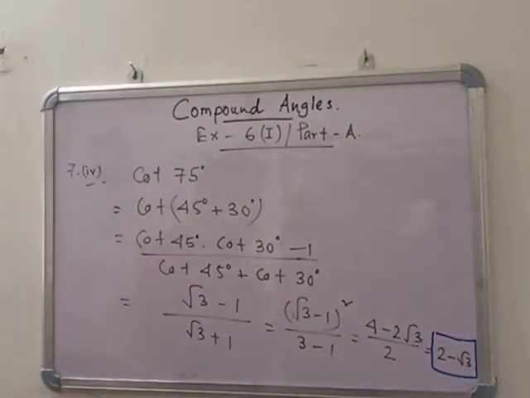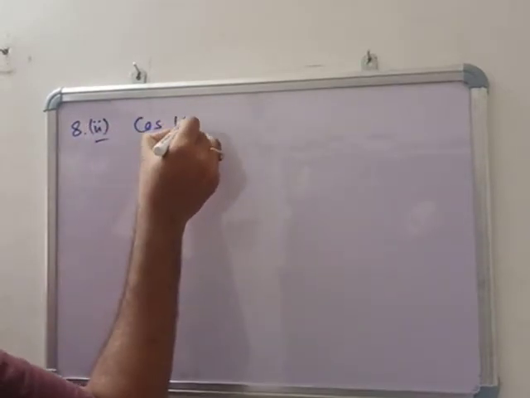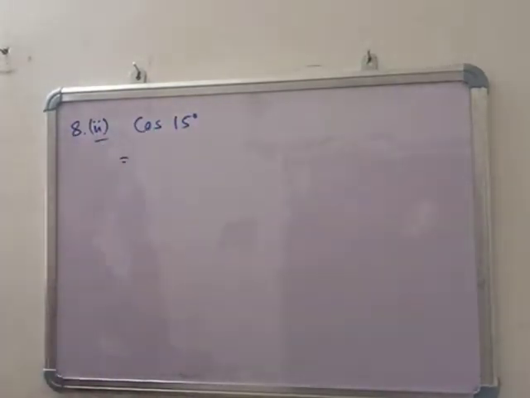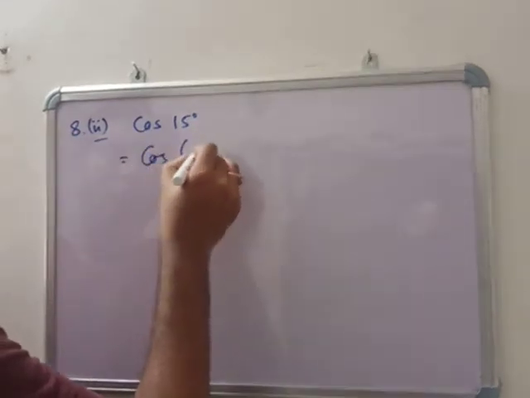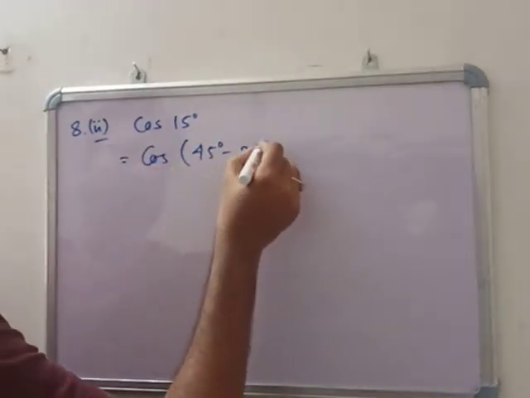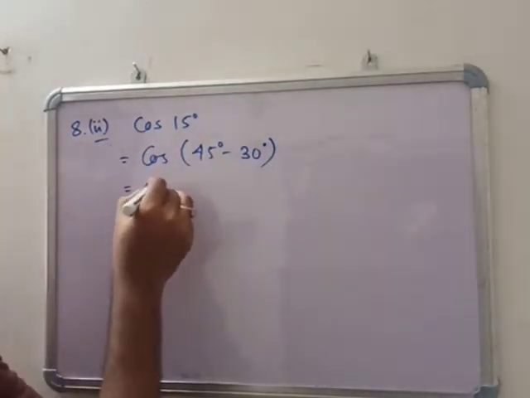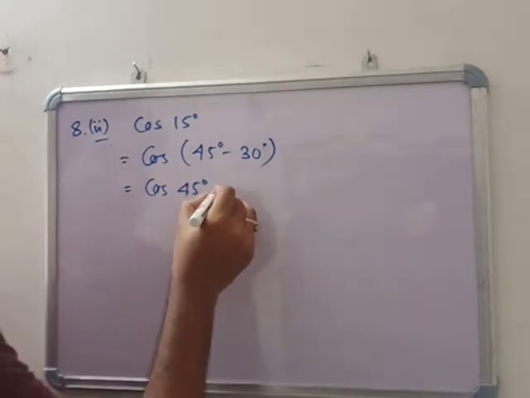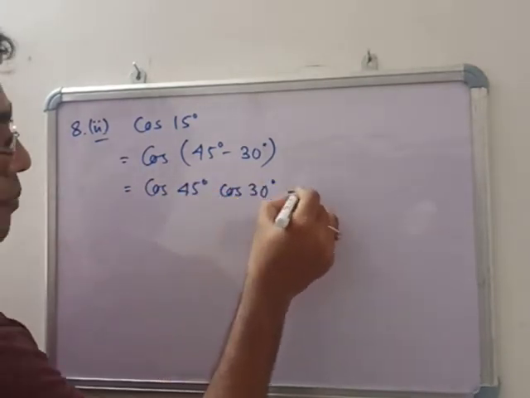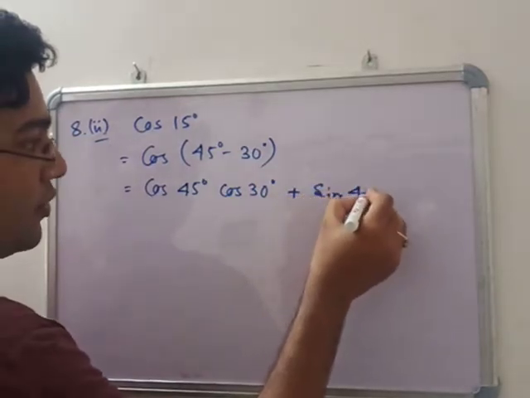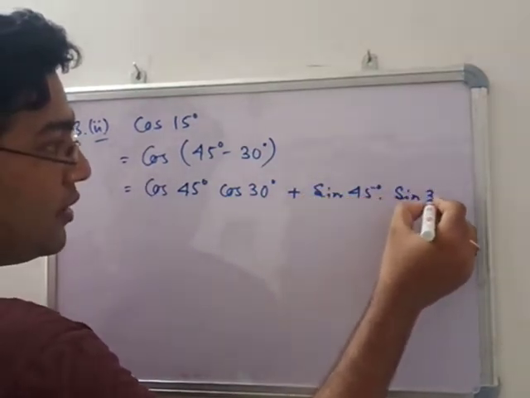Now, next one. In 8.2, see that cos 15 degrees is given. So 15 can be expressed as a subtraction, that is cos of 45 degree minus 30 degree. So cos (A minus B) means cos 45 degree cos 30 degree plus sin 45 degree into sin 30 degree.